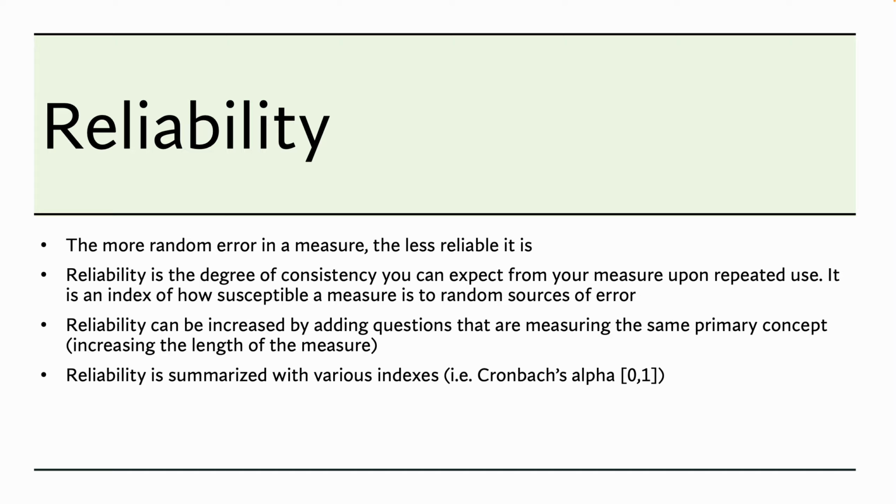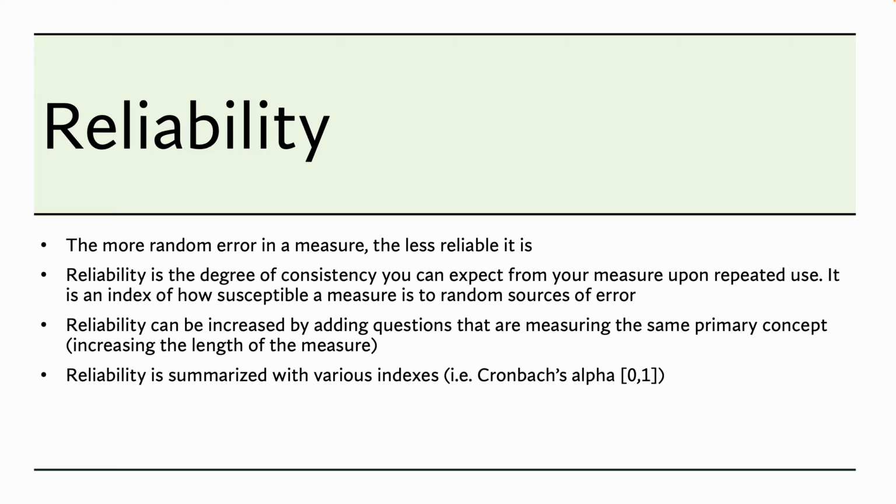So if I measure you once, will I get the same result if I measure you a second time? The more variability in that, the more random those results are, the less reliable your measure is. Essentially, reliability is an index of how susceptible a measure is to random sources of error.